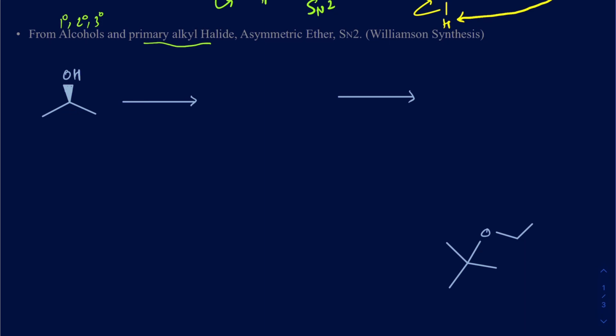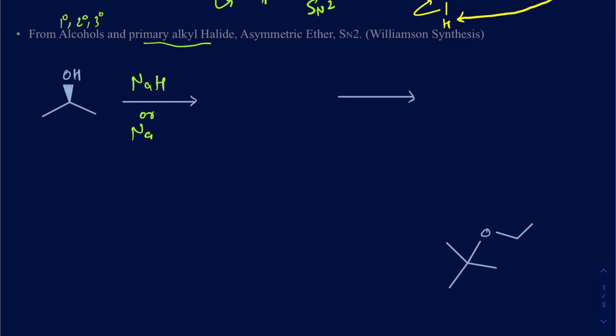So for the alcohols you can have whatever you want, but for the alkyl halides, you tend to want either a primary alkyl halide or maybe a benzylic halide. That's going to be the same thing. The first reaction is done in the presence of a strong base, and typically NaH is used, or you can use some metal, even sodium.